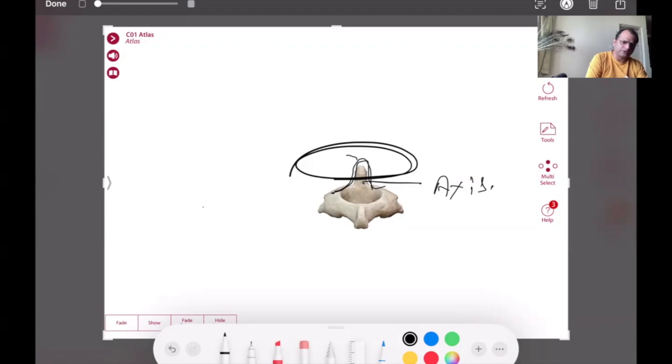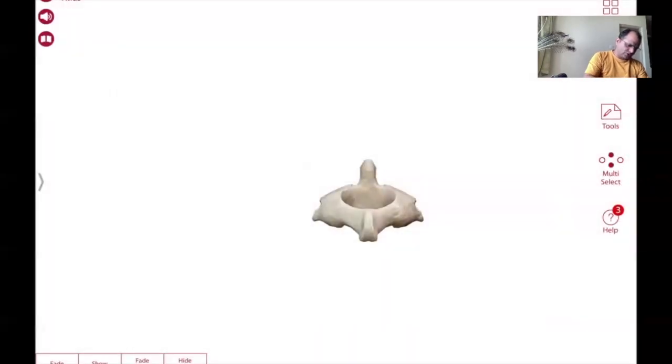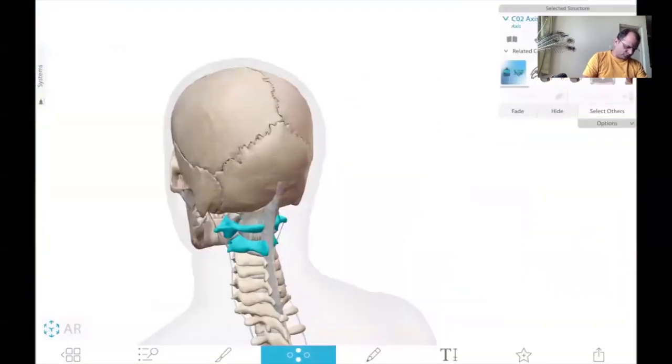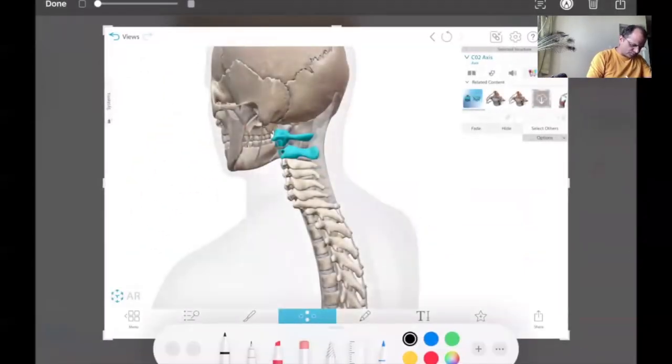This is called dens. ये हम कहते हैं कि हमारे सर्वाइकल टू में एक ऊपर उठा हुआ प्रोसेस पाया जाता है जिसे हम डेंस कहते हैं और इस वर्टिब्रा को बोलते हैं एक्सिस. So in this way, this is our second joint that is called C1 C2 or atlantoaxial joint.